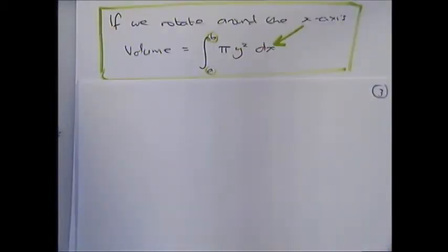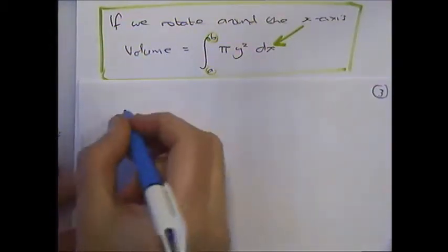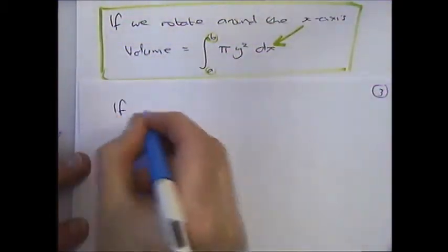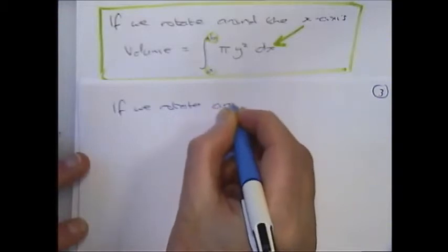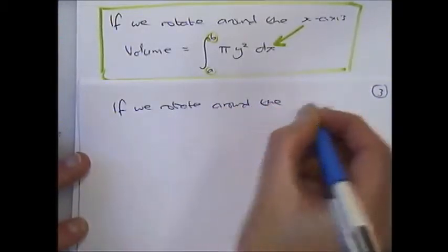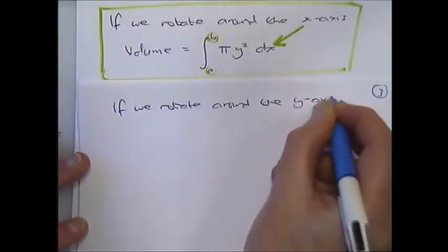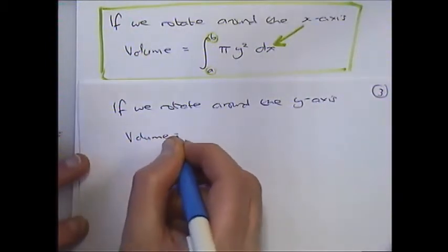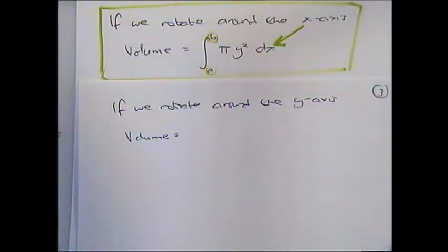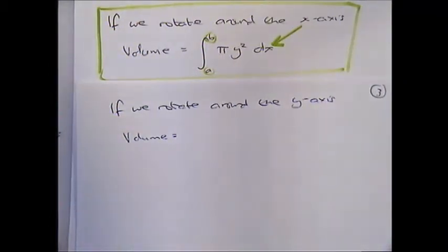So if we know how to rotate around the x-axis, what else might we be asked to do? Rotate around the y. Rotate around the y, yeah, so let's have a rule for that one then. So if we rotate around the y-axis to get a volume, just tell me what it's going to be.